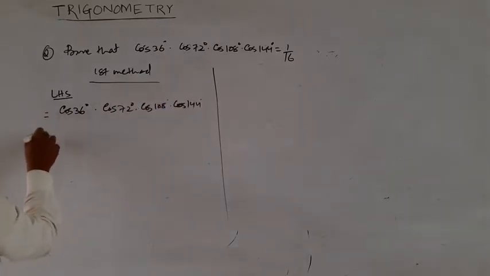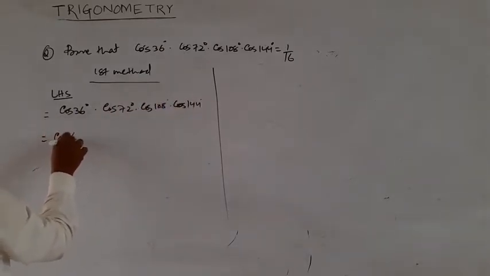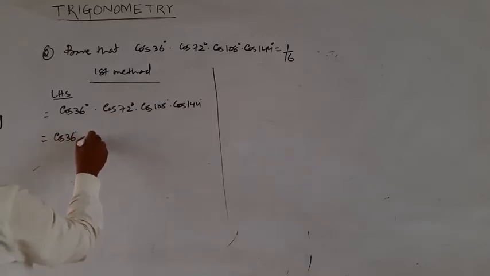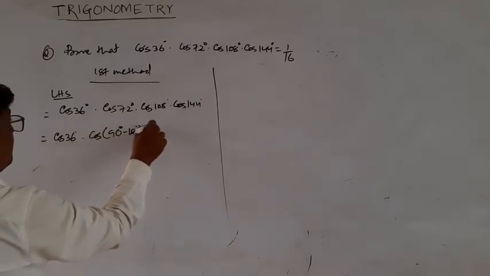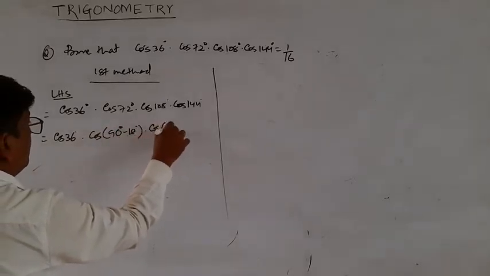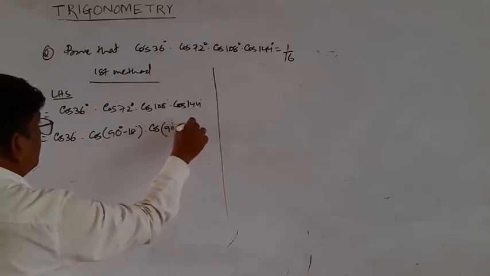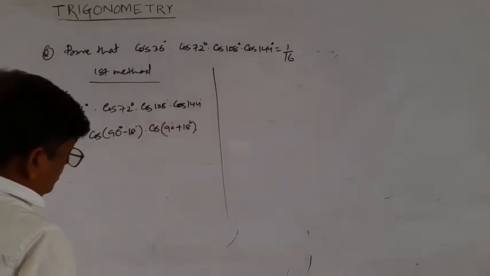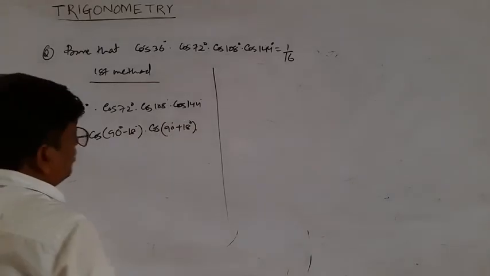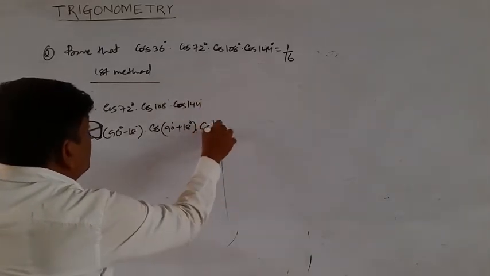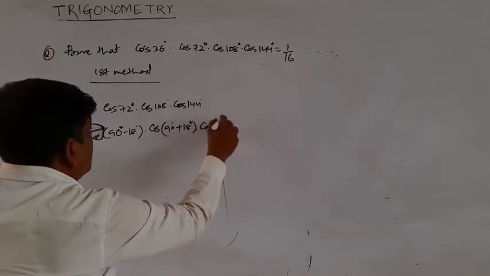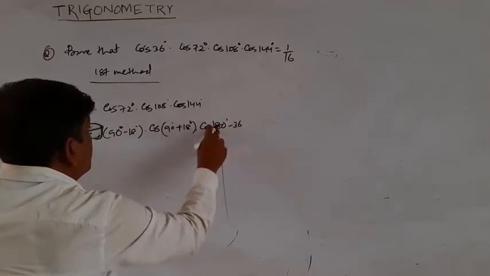So this is equal to cos 36 degree, and cos (90 degree minus 18 degree), and cos (90 degree plus 18 degree), into cos (180 degree minus 36 degree).